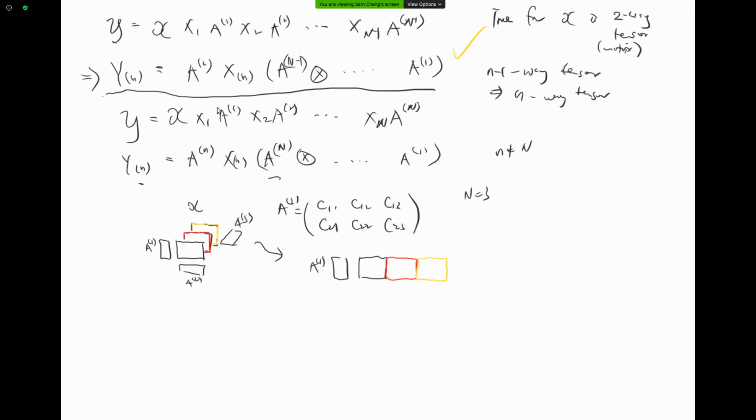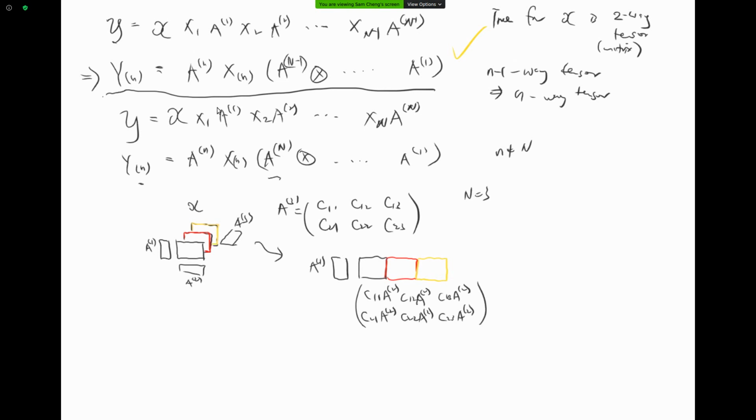So when I shrink it from here to here, what's going on is that when I multiply by the last A, it will become C11 A2, C12 A2, C13 A2, C21 A2, C22 A2, C23 A2.